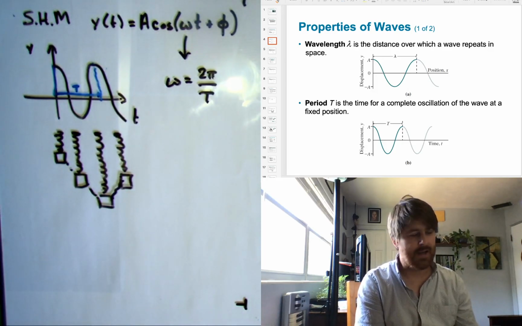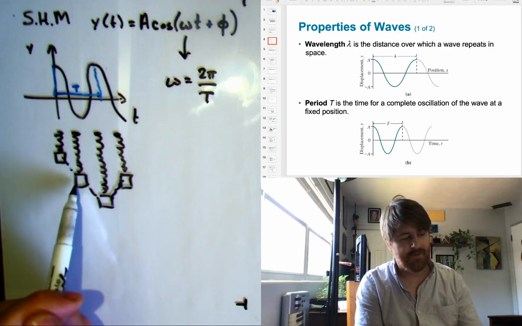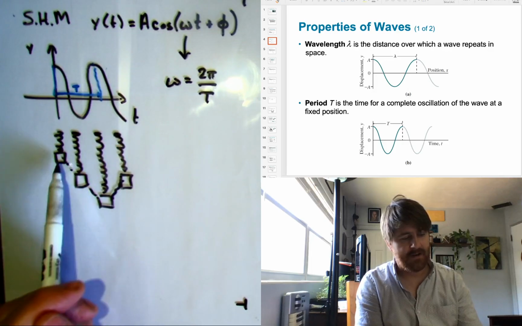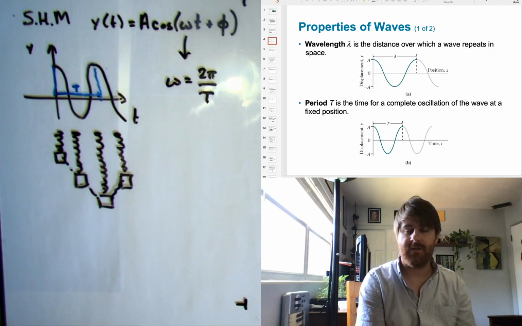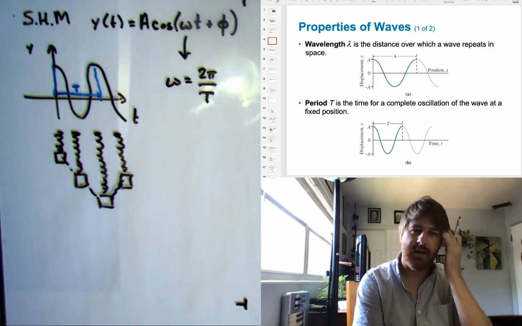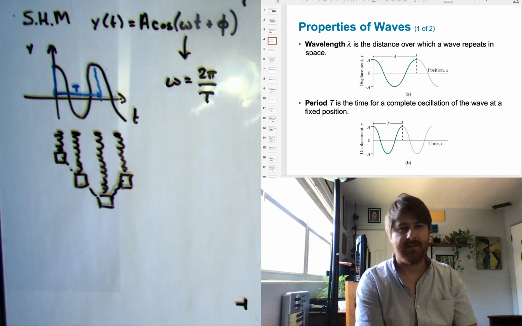It's as if they were connected by strings, and one mass feels the effect of the first mass and responds a little bit after the first mass has already started its motion. So we can view this as an infinite set of simple harmonic oscillators.